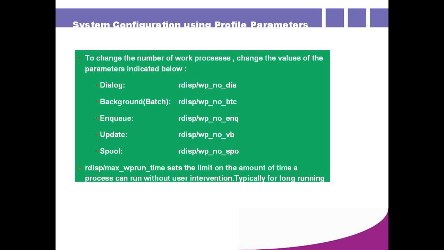To avoid that situation, we limit the dialog work process runtime by this parameter. If I give 600 seconds, it will serve your request within 600 only. If it is not able to serve your request, it will time out. In bank accounts, if you stay logged in for more than 10 minutes or 5 minutes, your session automatically gets logged out because of this parameter.